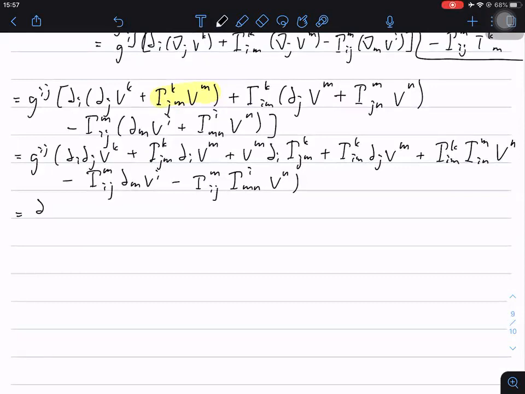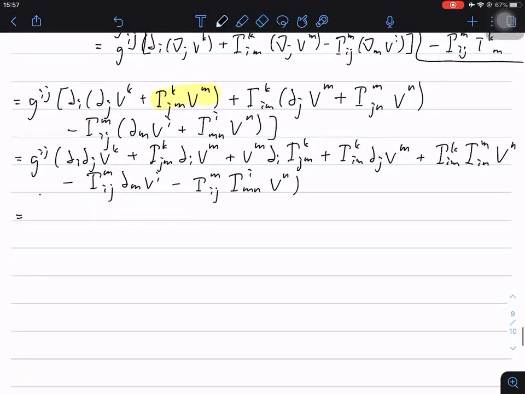Let me just write it down as this first. We have to sum over the second derivative with respect to r, theta, phi for the first one, v^k, and then we also have to sum over r, j for the diagonal term.